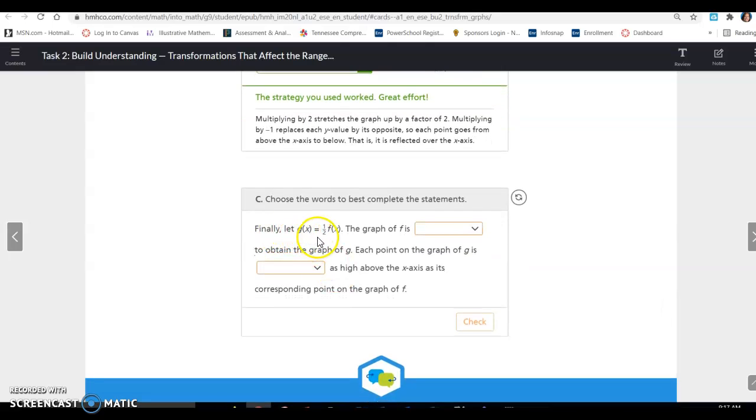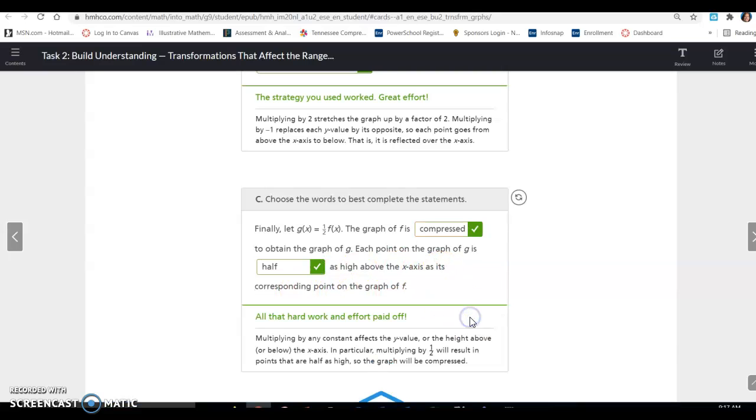Finally, let g of x equal 1/2 f of x. The graph of f is compressed to obtain the graph of g. Each point on the graph of g is half as high above the x-axis as its corresponding point.